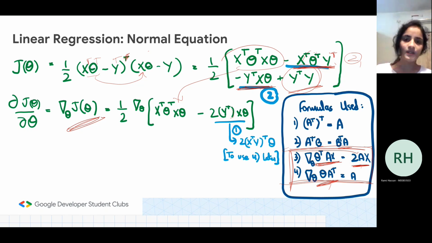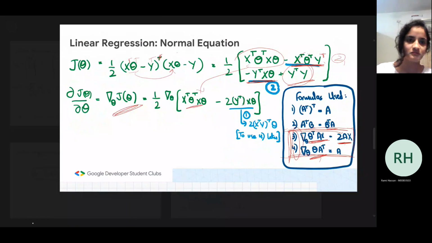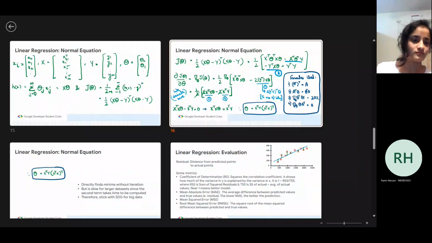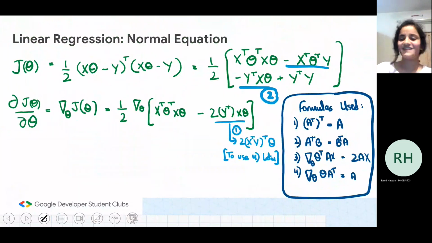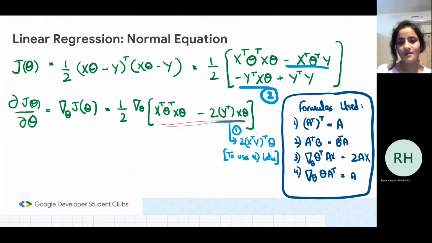Now here we need to apply these third and fourth formulas over here, right? Okay, sorry. So we're in this step and we need to do the derivation. We need to use 3 and 4. So let's bring our terms into this format.